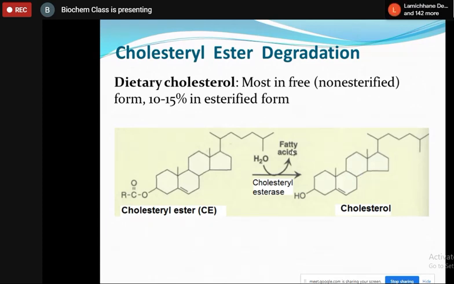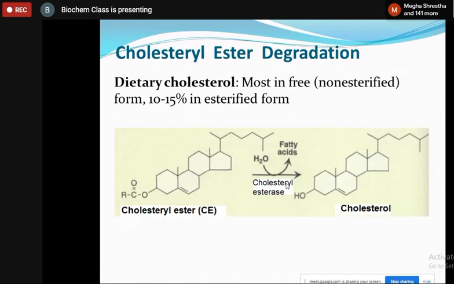So this is the enzyme that brings about the degradation of cholesterol ester to cholesterol and one free fatty acid: cholesterol esterase. The fat digesting enzymes are pancreatic lipase, pancreatic colipase and cholesterol esterase.